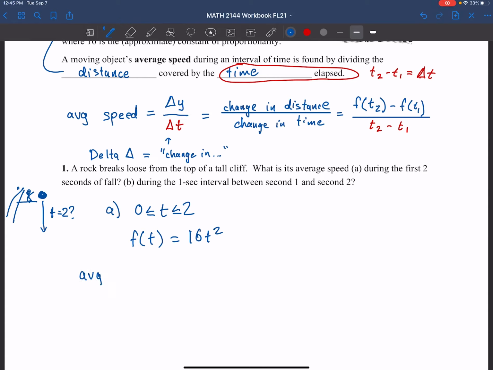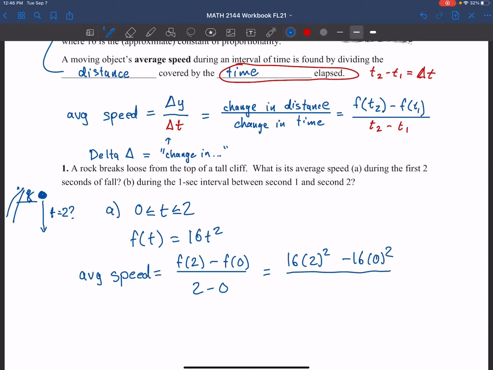To figure out its average speed, we're just going to find the slope. So it'll be f of 2 minus f of 0, divided by 2 minus 0. So this is going to be 16 times 2 squared minus 16 times 0 squared, divided by 2.